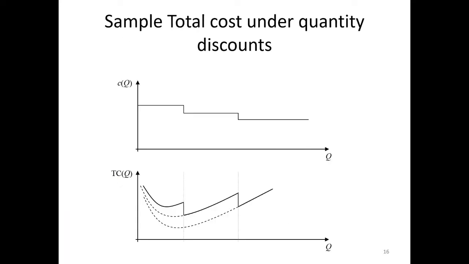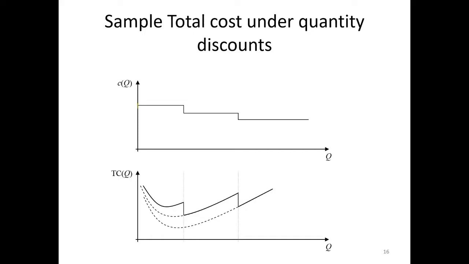Now, in order to see how to determine the optimum order quantity, we have first to look at how the unit cost or the price of a unit can change with respect to the value of Q. As we mentioned earlier, in the basic EOQ model, the value of C is constant, fixed.